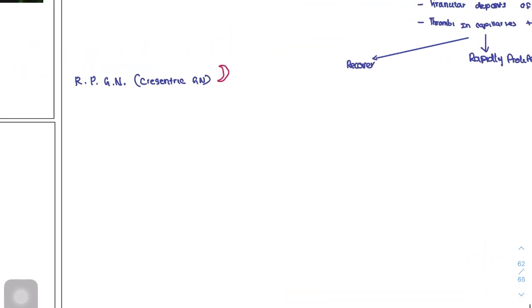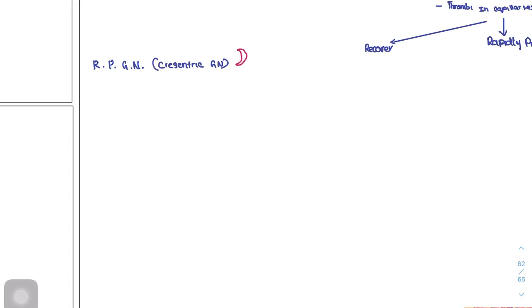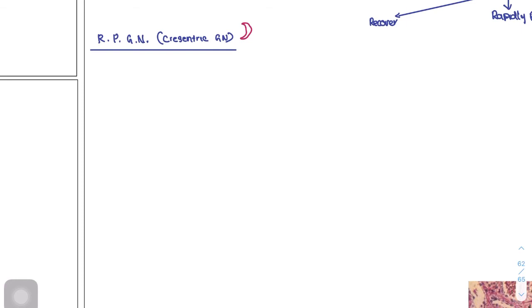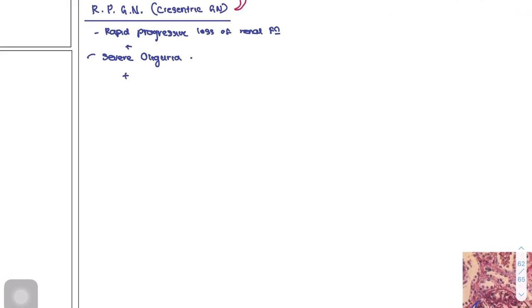So this is called rapidly progressive glomerulonephritis. From the name itself, you can tell what happens there. There's rapid progressive loss of renal function plus severe oliguria plus death due to renal failure in weeks to months.